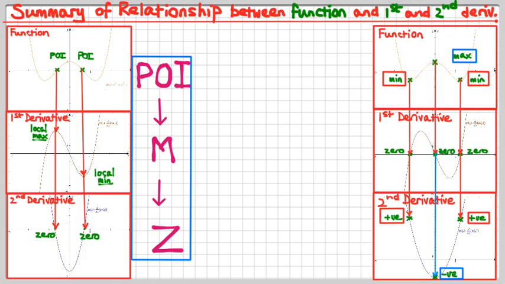The smiley face gets you a plus second derivative, and the frowny face for the local max gets you a negative, so you get the minus for the second derivative, to say that it's negative.